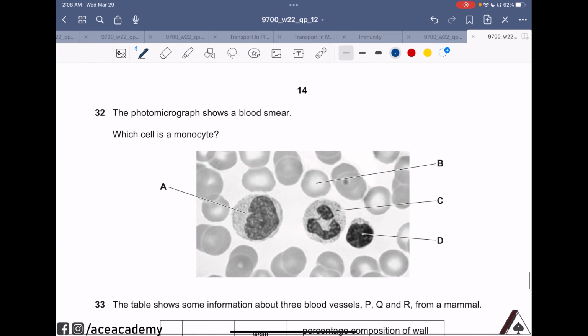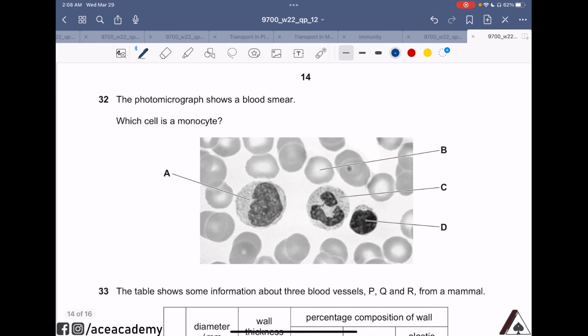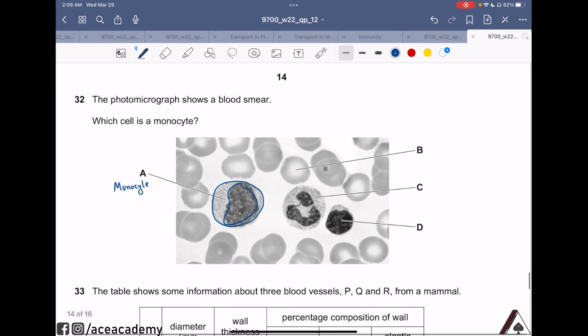Number 32. The photomicrograph shows a blood smear. Which cell is a monocyte? Well, A has a large kidney-shaped nucleus and this is larger than most cells. So this is a monocyte. B is definitely a red blood cell because red blood cells are circular and they are in much larger numbers in comparison to white blood cells.